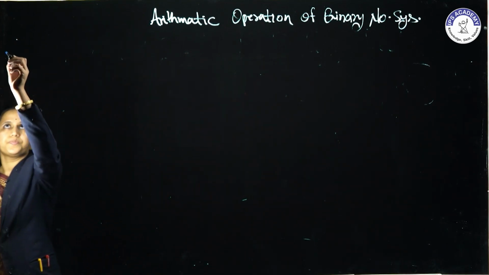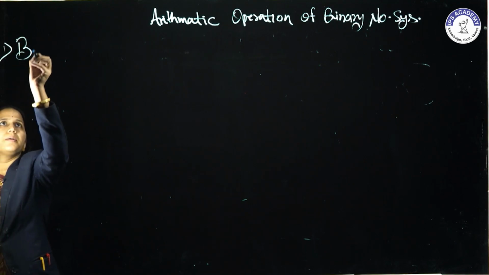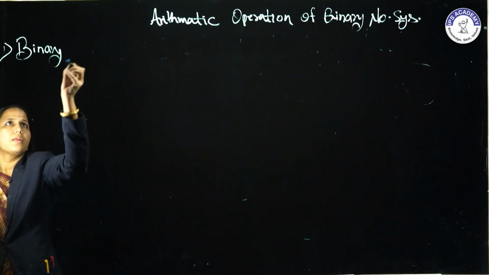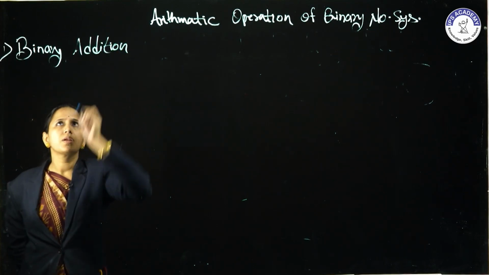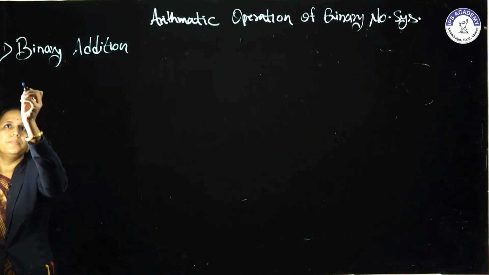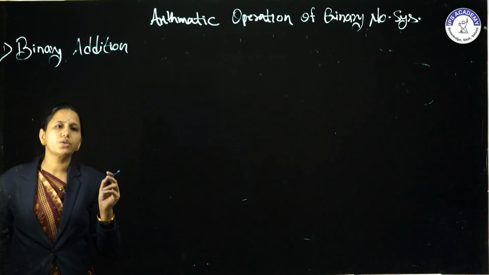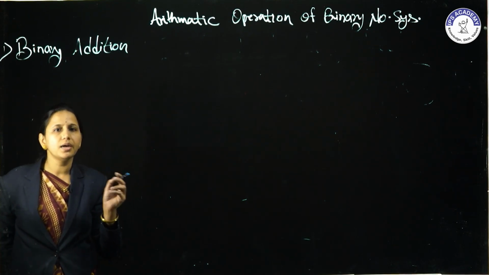So, first is binary addition. As we know, there are only two numbers, 0 and 1.